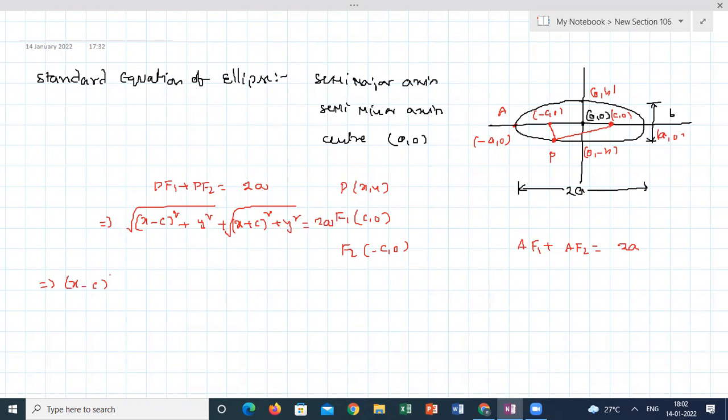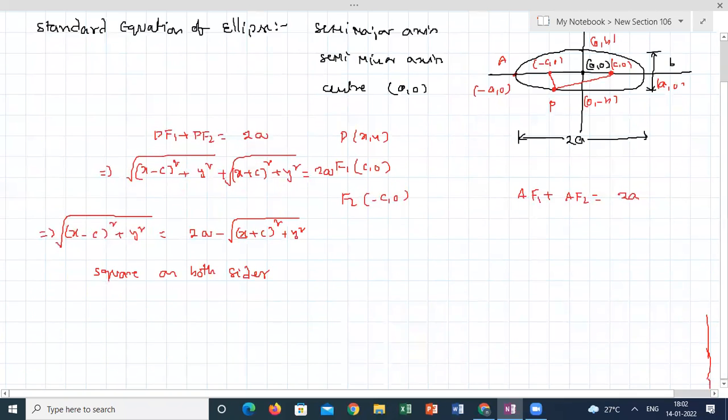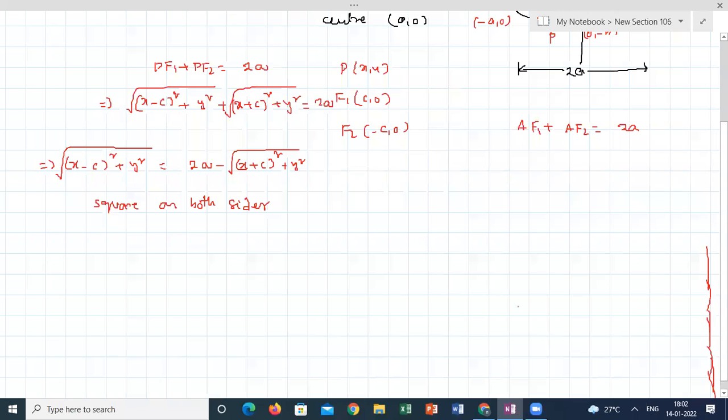Root of x minus c whole square plus y square is equal to 2a minus root of x plus c whole square plus y square. Square on both sides. Students, please solve this equation and let me know the simplest form of this equation.